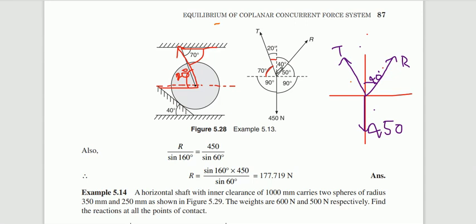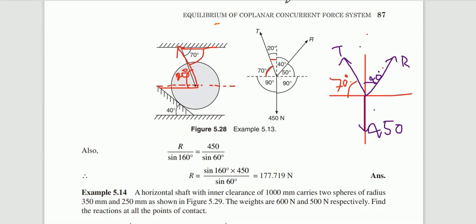So T, the tension, makes an angle of 70 degree with respect to the x-axis. So this is the free body diagram. Is it clear how to draw the free body diagram? Yes, ma'am. Okay, what about others? Have you understood how to draw the free body diagram?